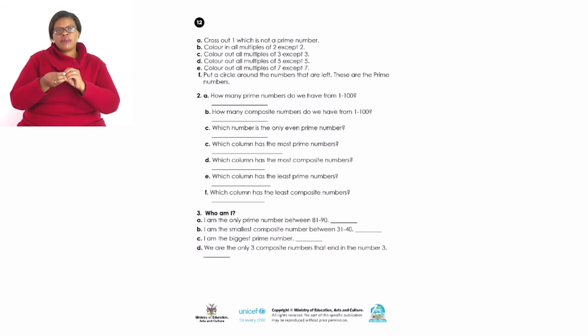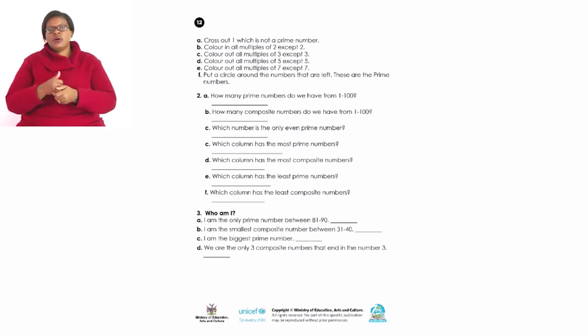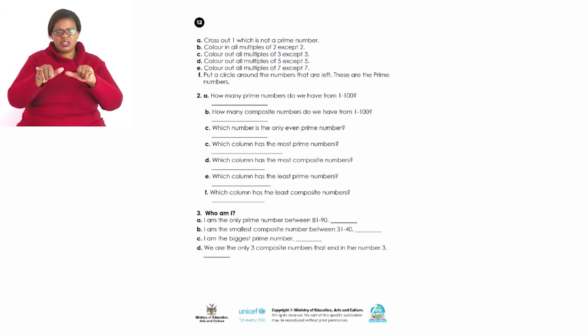In other words, those numbers that are not colored, encircle them because they will be your prime numbers. Now, if those numbers that you are encircling right now are your prime numbers, then obviously it means the rest of the numbers will be composite numbers.